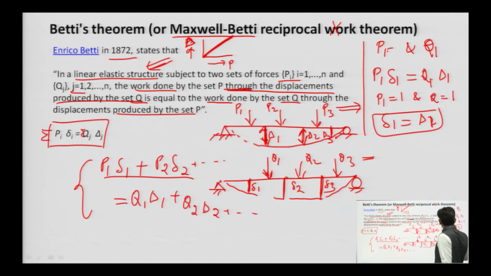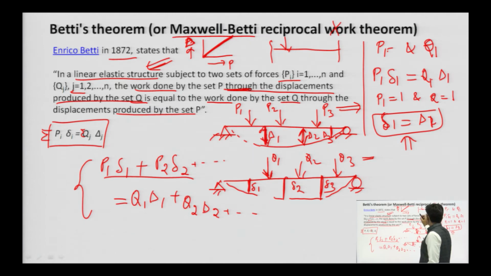So what is it? It is Clerk-Maxwell's theorem. Del 1 is equal to del 2, meaning if P is equal to 1 and Q is equal to 1, the displacement here is the same as the displacement here.